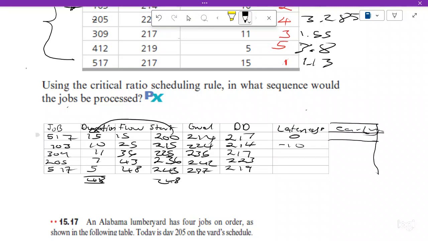So here we would be early by 10 days. We don't do early, we are only concerned about lateness. Therefore, lateness becomes 0. Due date minus how quickly or how late you manage to finish determines your lateness. So that one becomes 10 and we keep it as a positive.